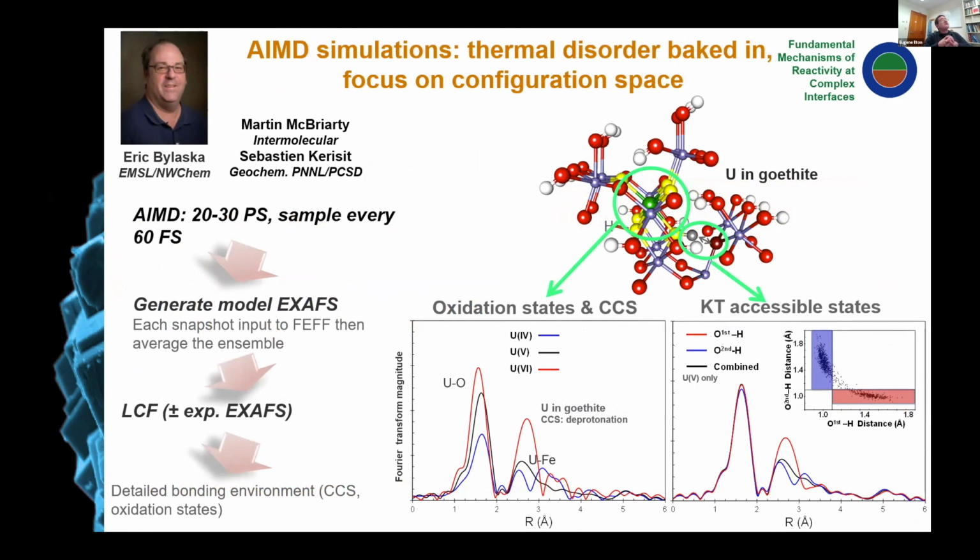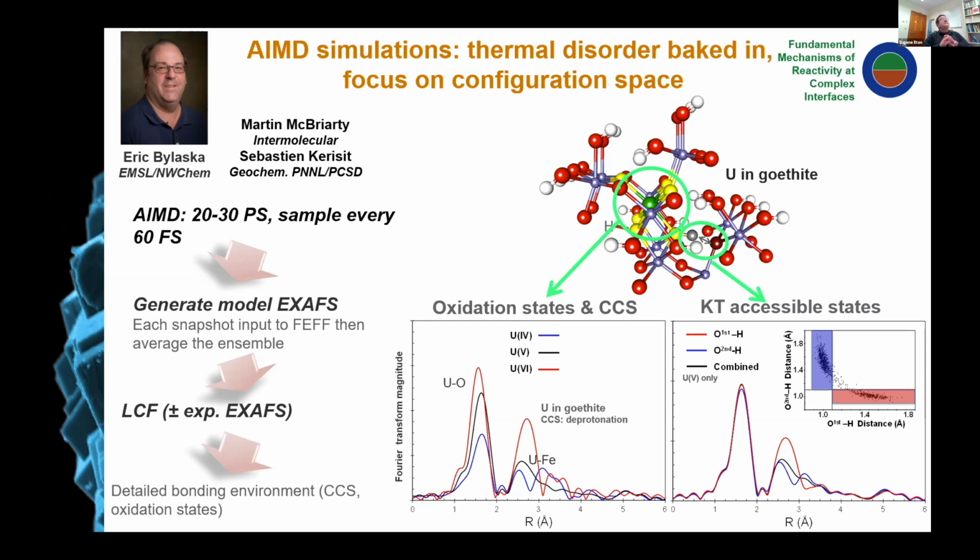He's a primary developer for NWChem, and he's responsible for the ab initio molecular dynamics code there. He used to be at EMSL, he's moved into PCSD now. I also want to call out Martin McBride, a postdoc who's now at Intermolecular. It's a high-tech company in San Jose, and Sebastien Kerisit, who's a colleague in our geochemistry group.